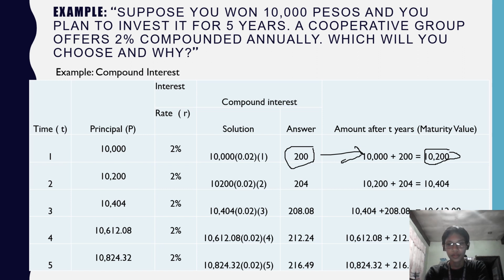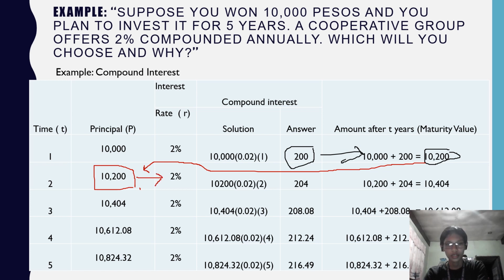10,000 plus 200 is equal to 10,200. Then 10,200 will be the new principal for the second year. And then the cycle continues. 10,200 will be multiplied by the rate 2% and the time 2, because it is in the second year.